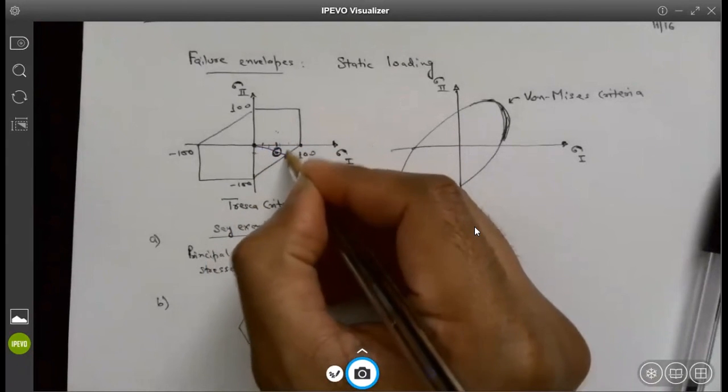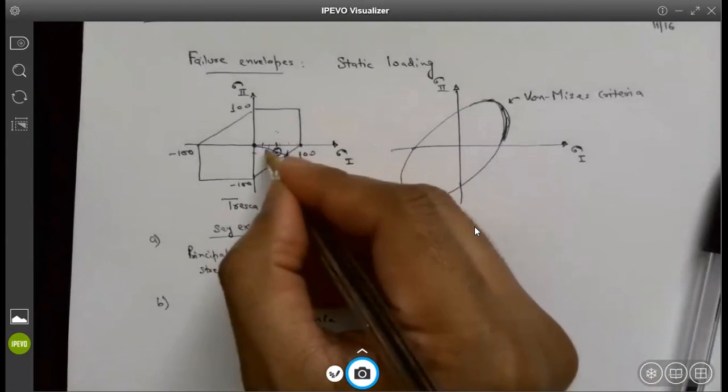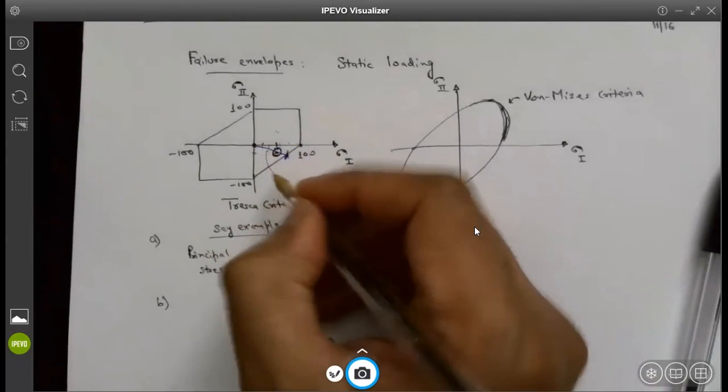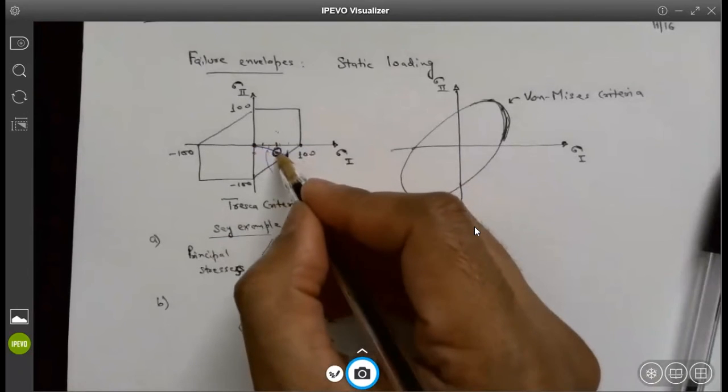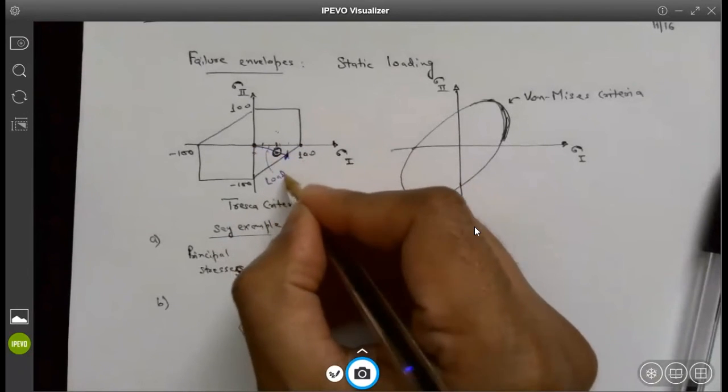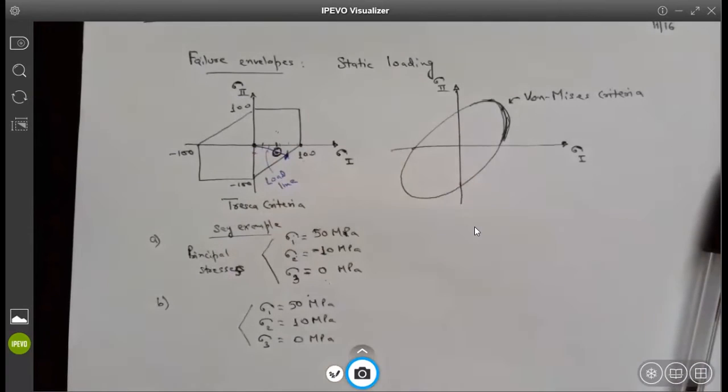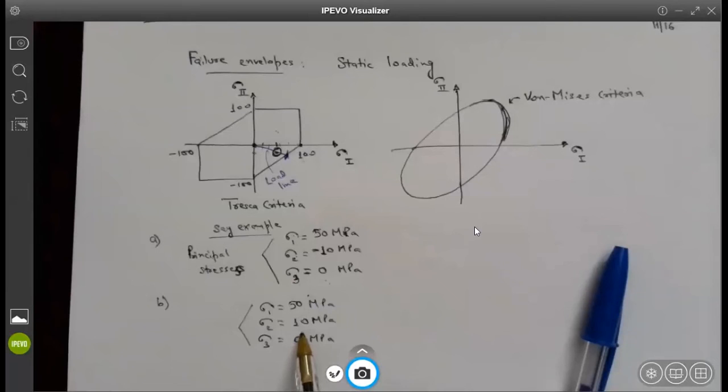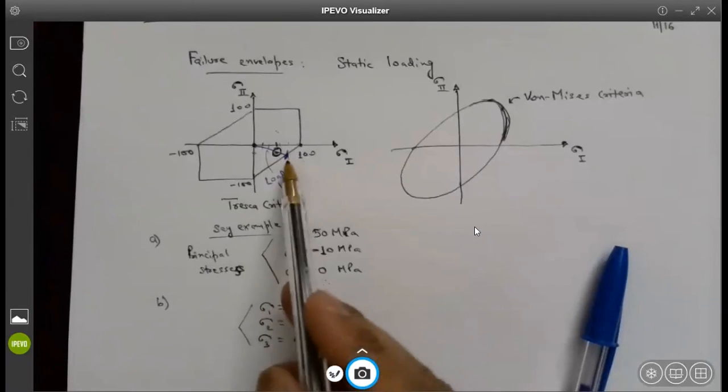This line, which connects the origin to the point of the stresses, is called the load line. Does it make sense to everybody so far? Yeah.